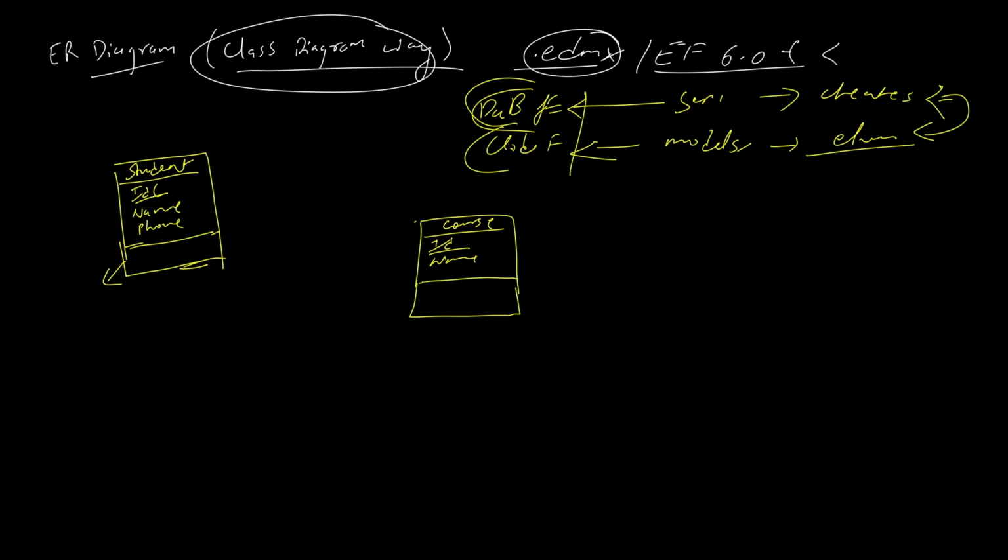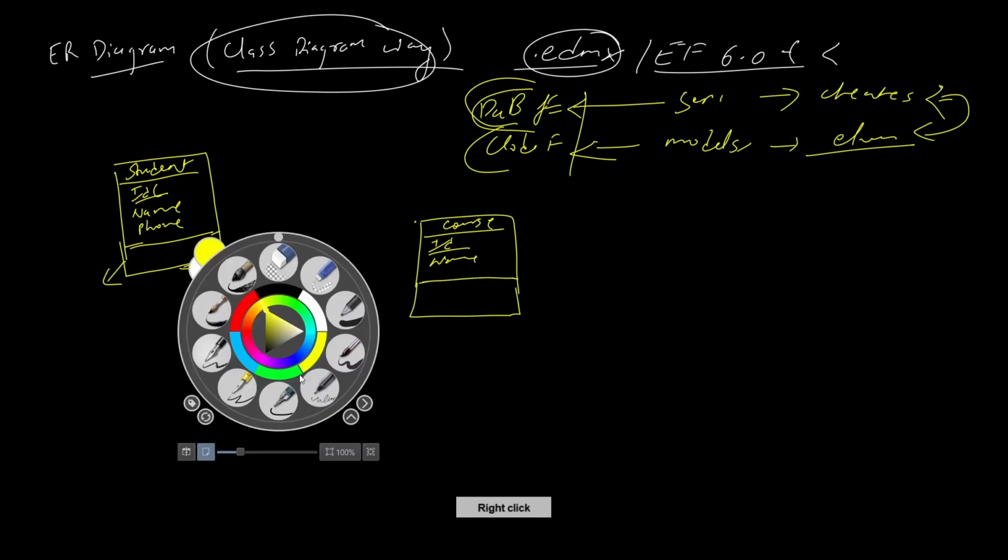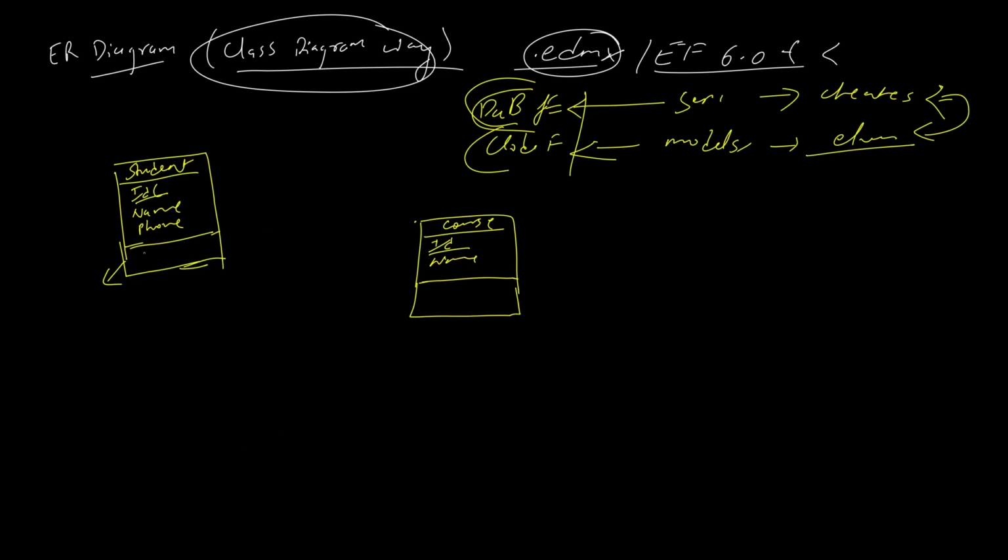Now, the relationship is simply that we will have a course array over here, and a student array over here.